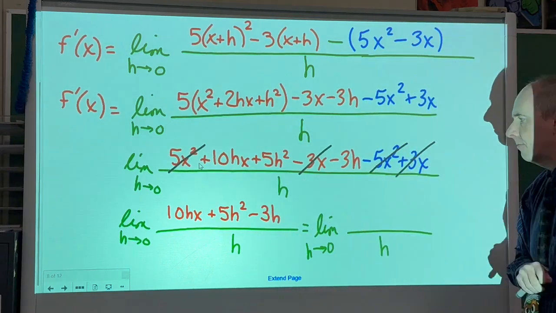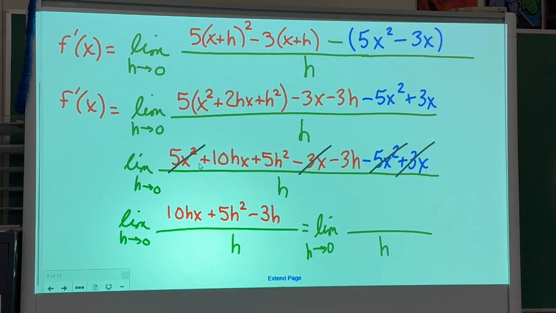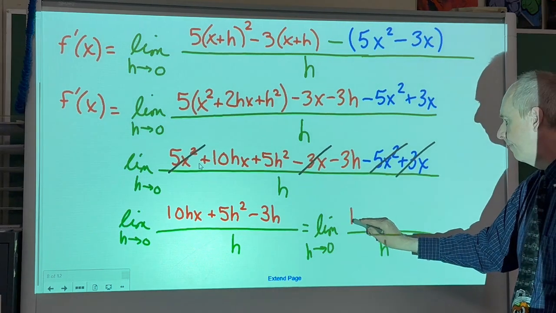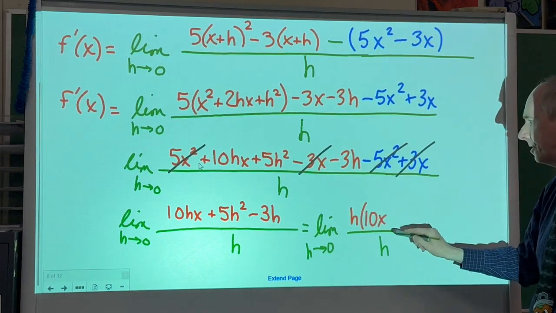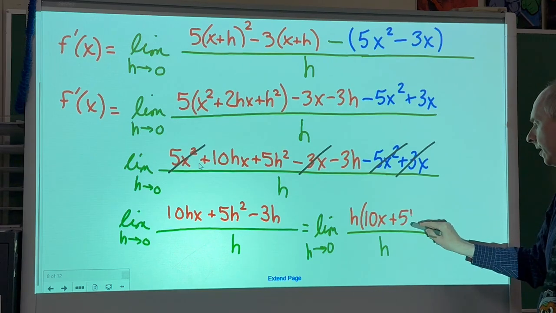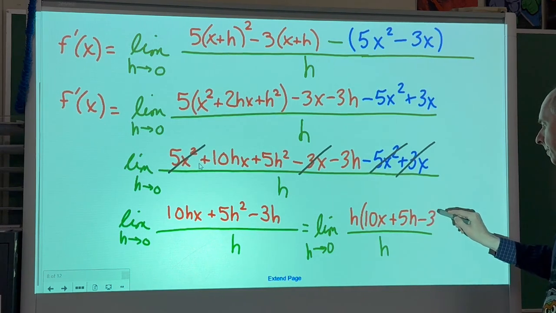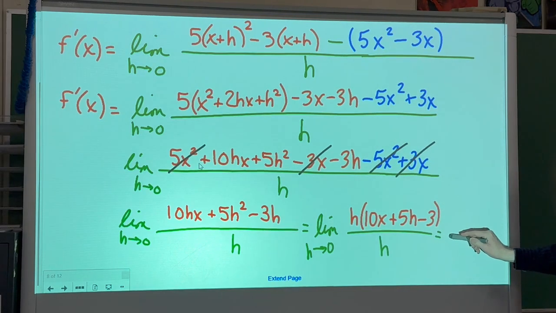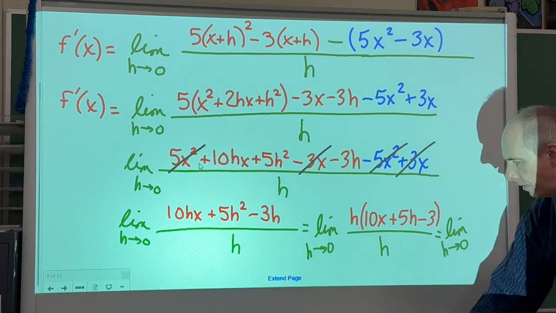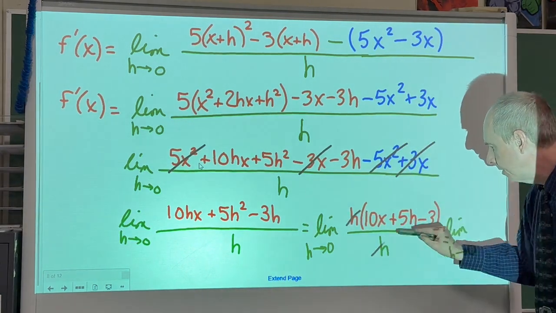All of these pieces in red have something in common. They have an h in common. We can factor out that h. Leaves you 10x plus 5h minus 3. Well, cancel, cancel.